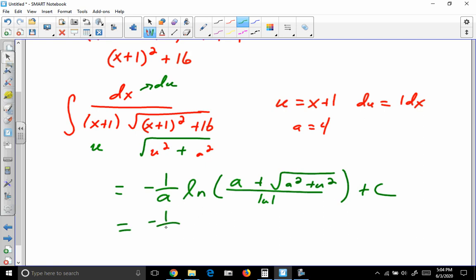So in our case, negative 1 over 4 natural log 4 plus the square root of this.